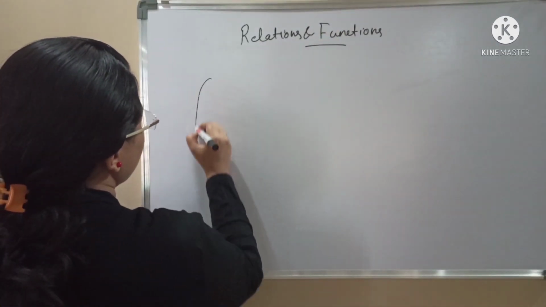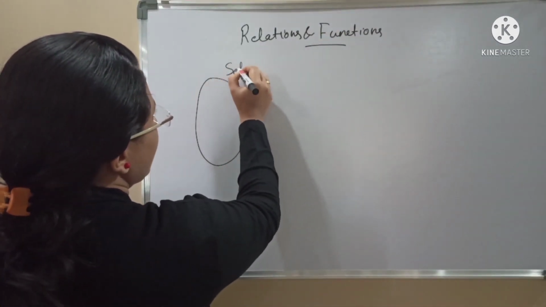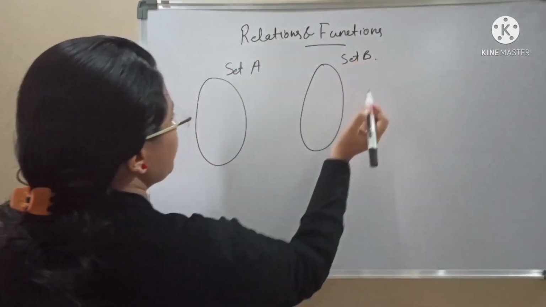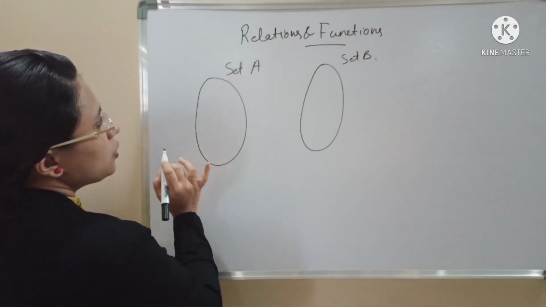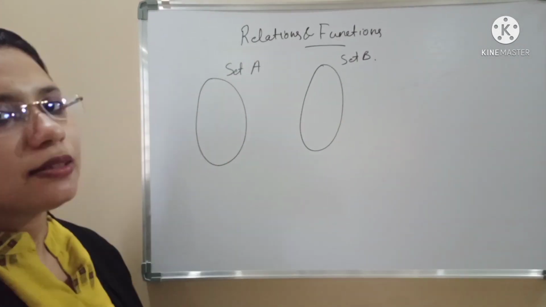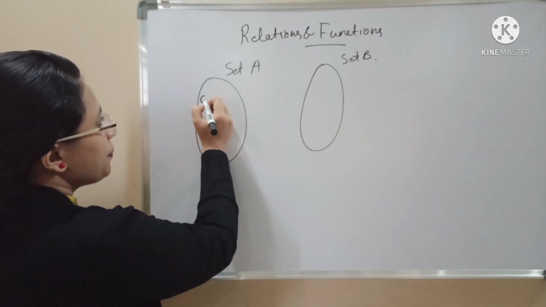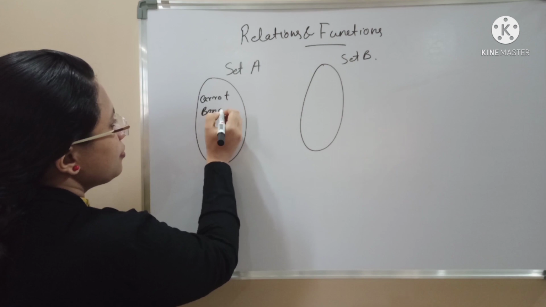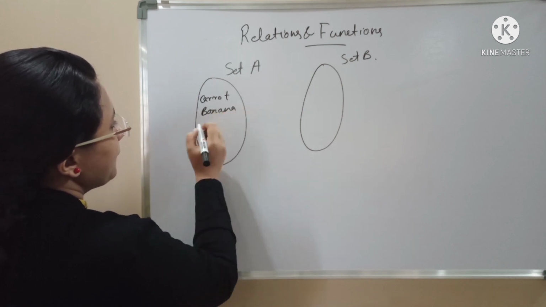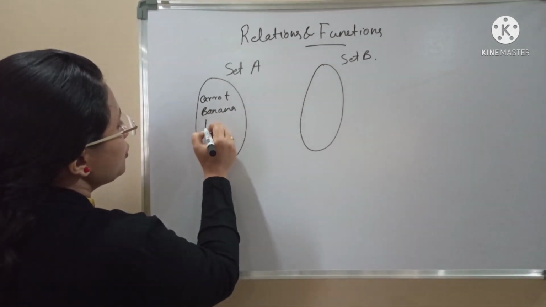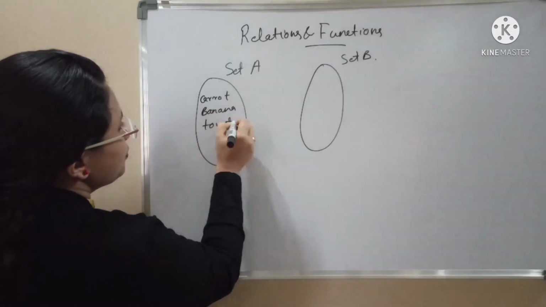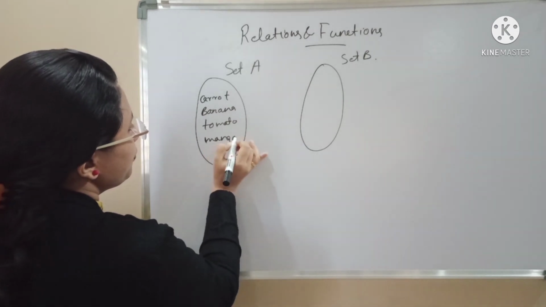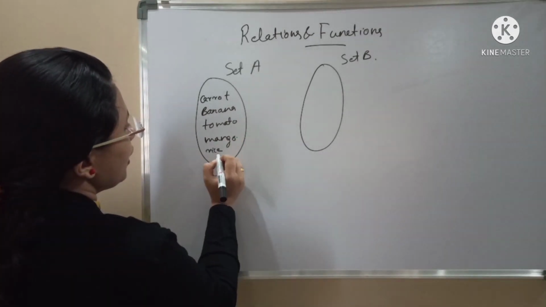So in our example, we have set A and set B. In set A, I'm considering some elements: carrot, banana, tomato, mango, rice powder.